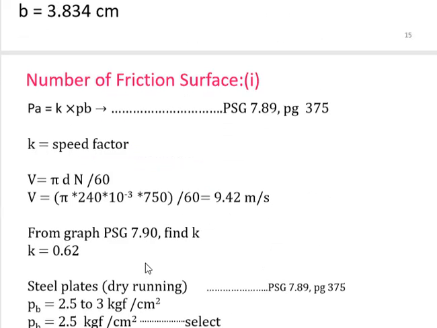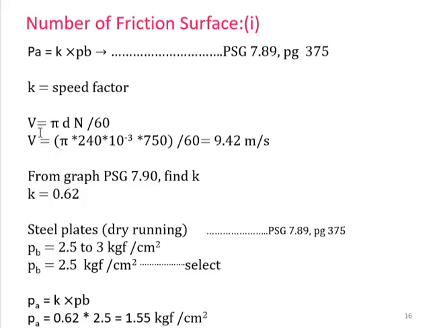Now to find out the number of friction surfaces, I need to know what is PA. Now PA is K multiplied by PB. PB is the basic pressure. To find out K, we need to find out the speed factor. We need to find out the speed with which the clutch is rotating. The small k is called the speed factor.